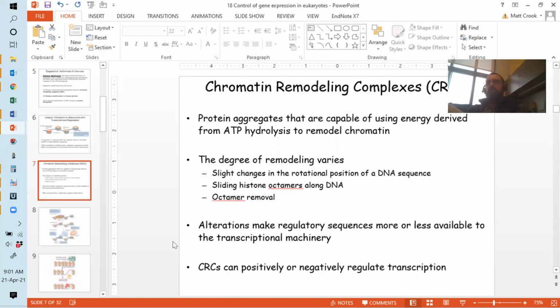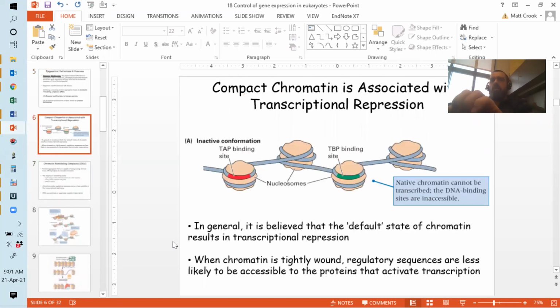Basically, chromatin remodeling complexes are ones which change how DNA is wrapped around histones, or even whether it is actually wrapped around histones. We can rotate these histones, we can shuffle them along, moving them down the strand a bit to expose these binding sites.